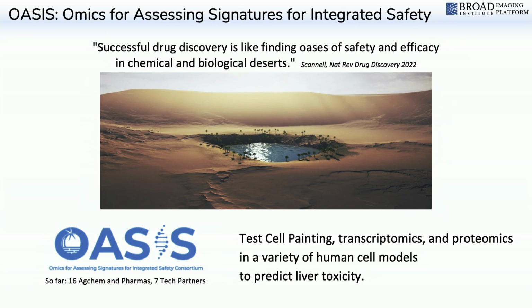It has more than a dozen agrochemical and pharmaceutical companies that are collaborating in order to test multiple readouts, cell painting, transcriptomics, proteomics, in multiple human cell models, including some organoids and liver on a chip, as well as some cheaper cell models, in order to see, does any of that data allow us to predict liver toxicity? If yes, and especially if it's cell painting, a pharma company could readily run this assay on every compound they have in their library, not terribly expensive, and have that information very early in the drug discovery process.